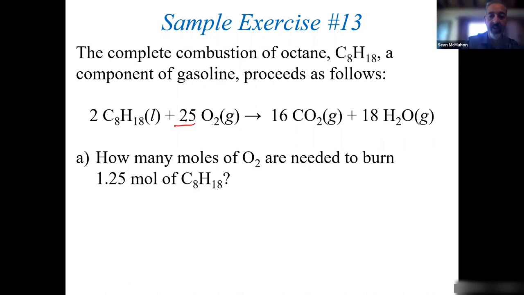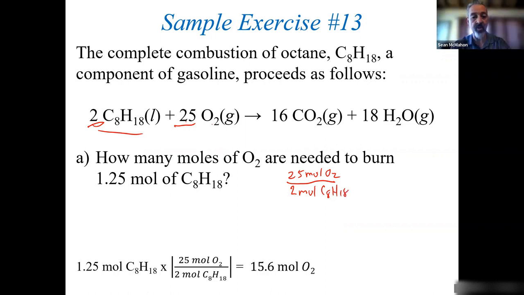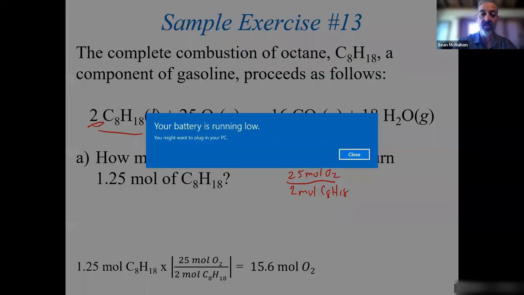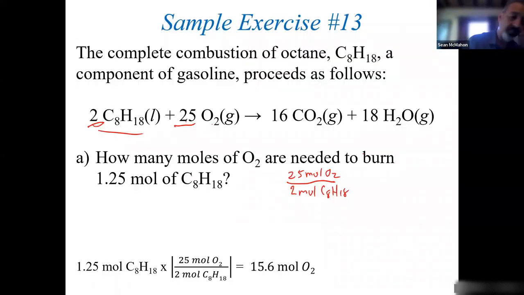Well, there's 25 moles of O2 needed to burn 2 moles of octane. So I'm just using the coefficients. So now I start with the 1.25 moles. I make sure to have on the bottom the moles of octane.